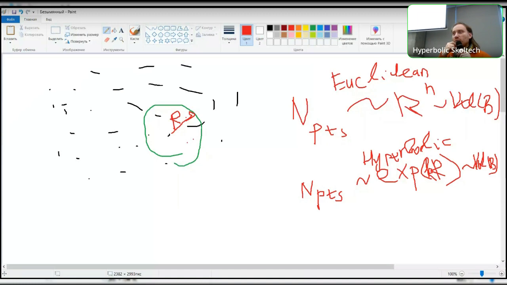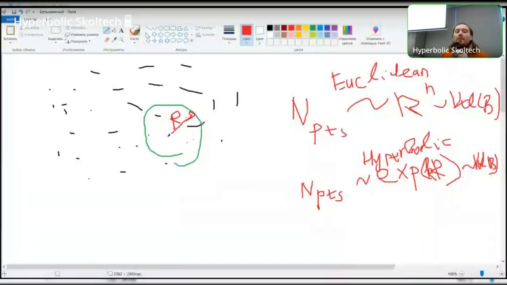Actually, I showed you a planar formula, not n-dimensional. And I didn't derive it actually. So now my proposal is to do this exercise. That could be interesting.